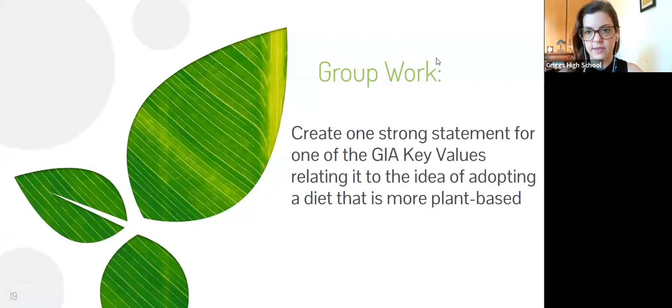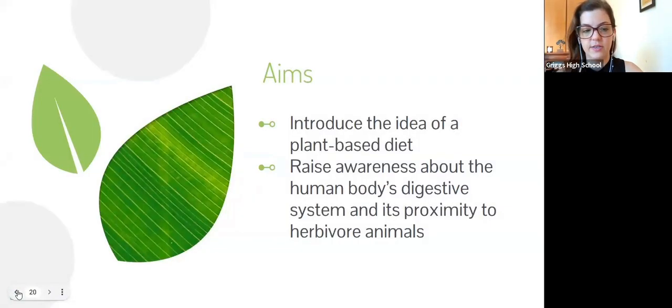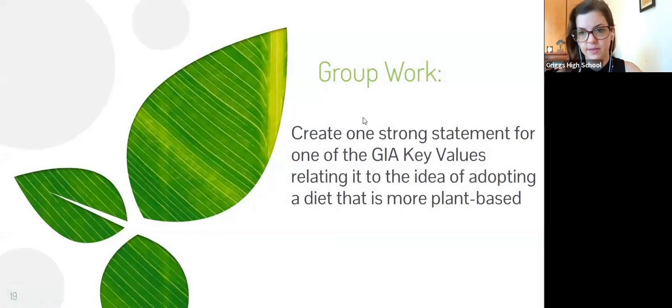So the last activity, group work. Create one strong statement for one of the GIA key values, relating it to the idea of adopting a diet that is more plant-based. And here I say more plant-based, not exclusively plant-based. In the beginning, you were talking about vegan and plant-based. Vegan is actually a lifestyle.